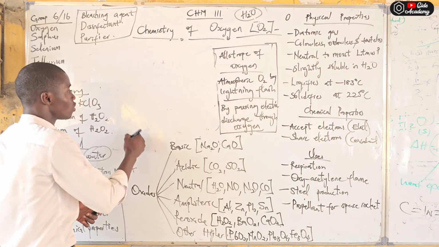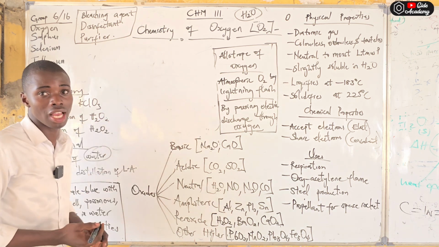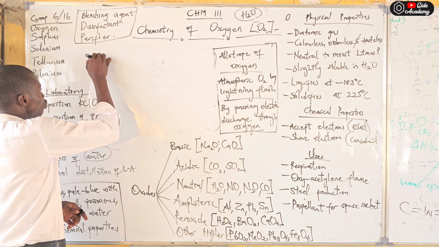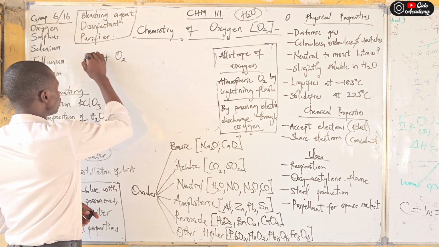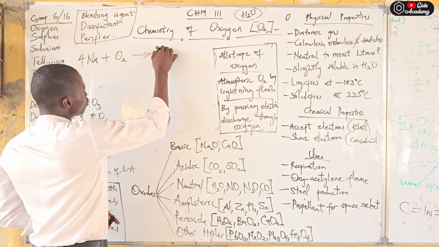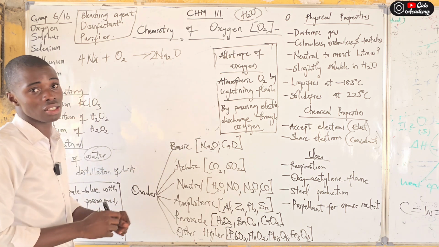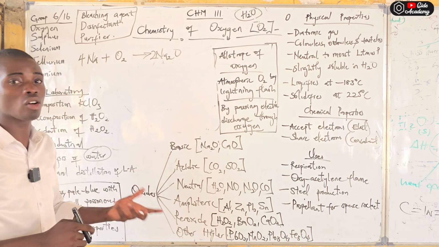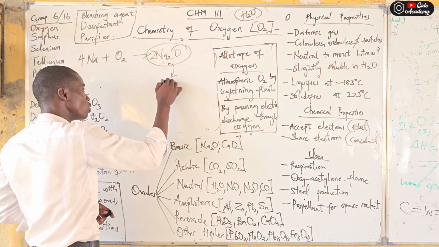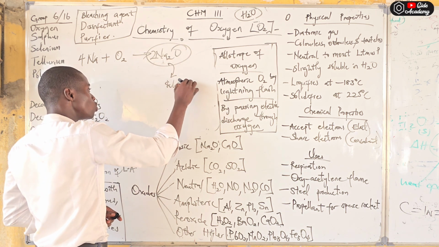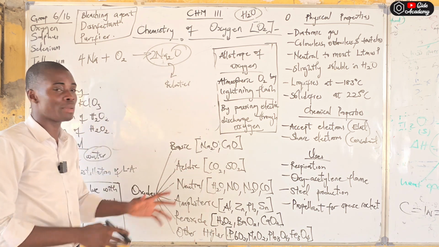So let's try the basic oxide. When any metal, let's say sodium, most especially group 1 and group 2 elements, reacts with oxygen, the product that will be formed is sodium oxide. And this kind of oxide is called basic oxide. So oxides of metals are basic oxides.